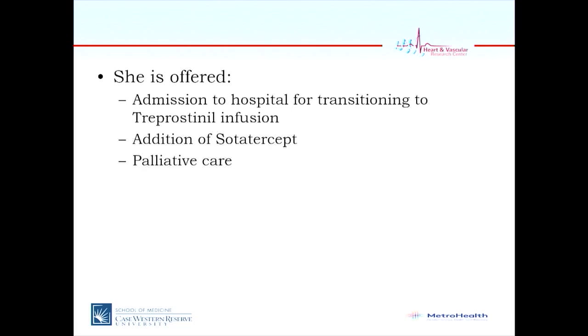Unfortunately, because of her age, she is not a candidate for a lung transplant, and because of her high oxygen requirement, she would do poorly with the palliative right-to-left shunt or atrial septostomy, which sometimes we do to relieve the right ventricle.